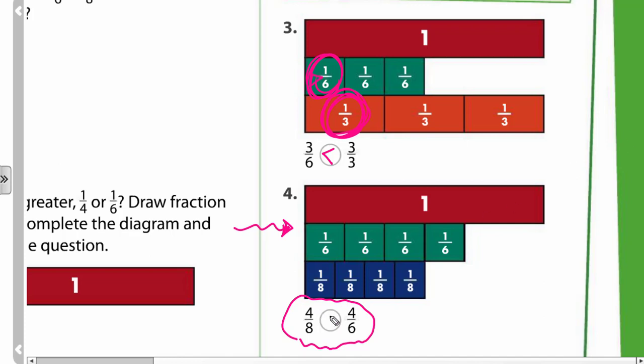Why? Because each 1/8 is more or less than each 1/6? Less. Thank you, my hero.